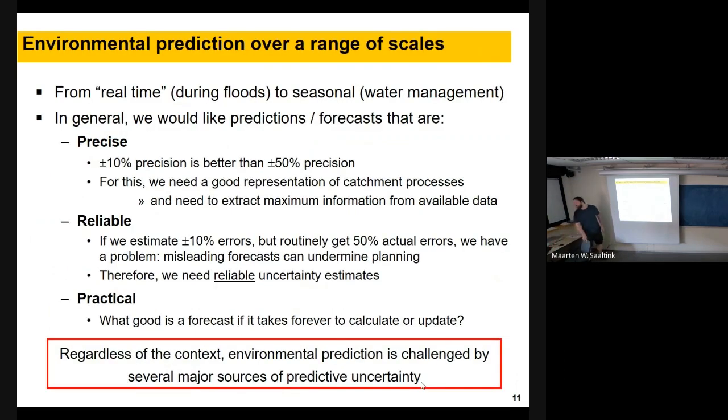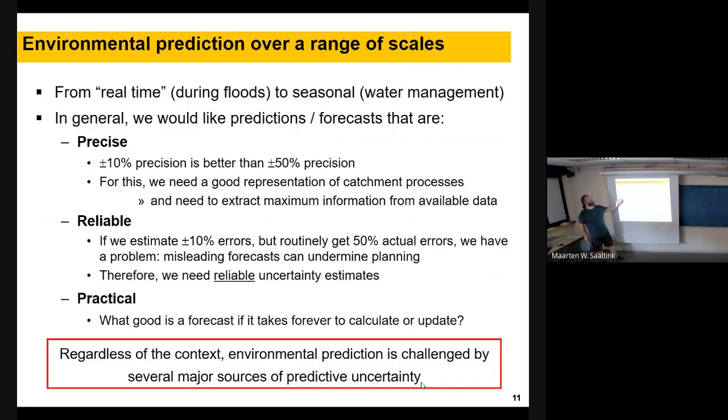Okay, so a couple of things that I just want to put up front in terms of terminology. We're looking at predictions over a range of timescales and lead times from real time to seasonal. But from the point of view of the quality of the predictions, there are a few criteria that we would like to meet. One of the obvious ones is the precision of the prediction.